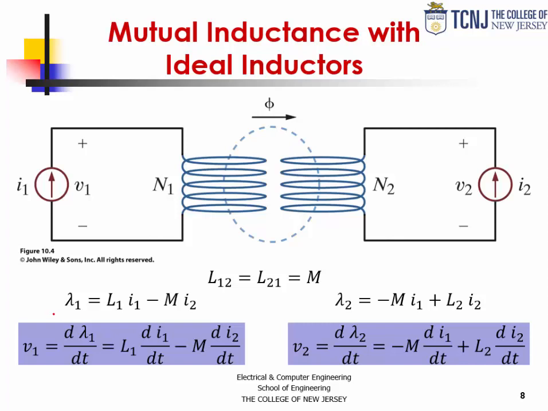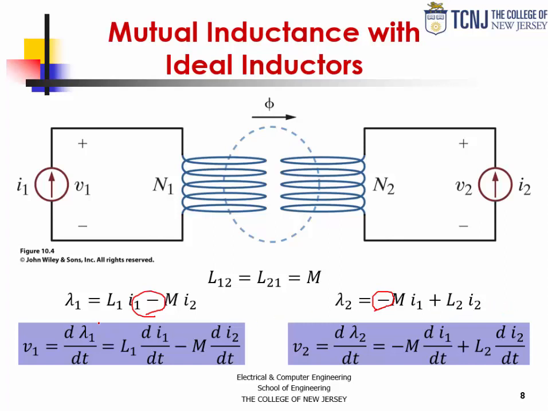And to account for that, we write that the magnetic linkage in the primary is equal to the inductance in the primary times the current in the primary minus the mutual inductance times the current in the secondary. Similarly, the linkage on the secondary is going to be minus the mutual inductance times the current in the primary plus the inductance in the secondary times the current in the secondary.